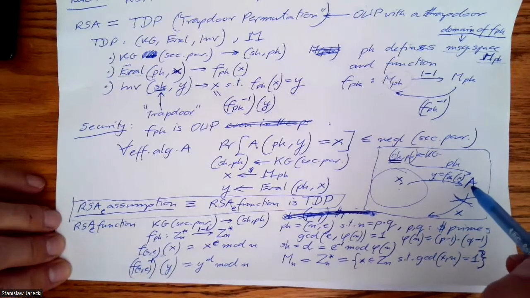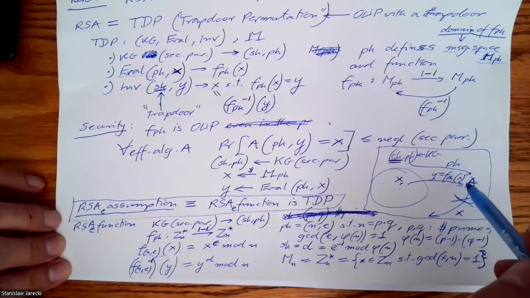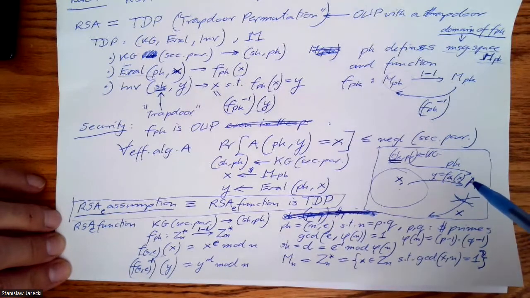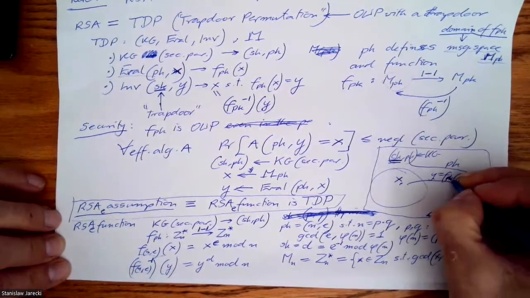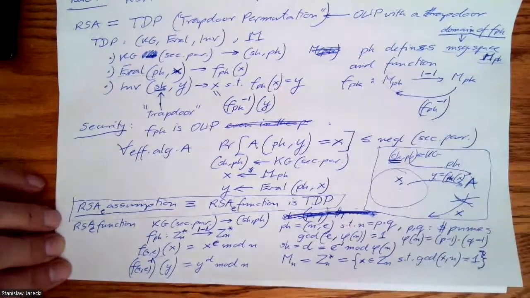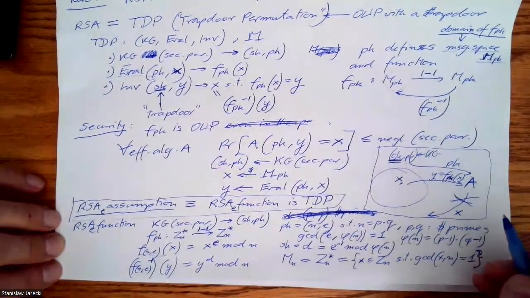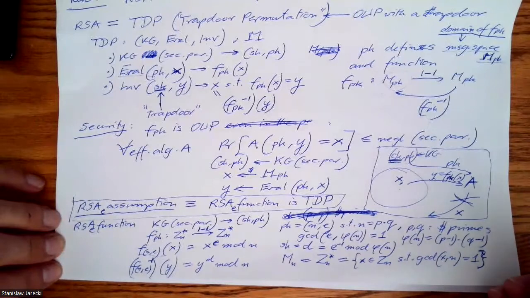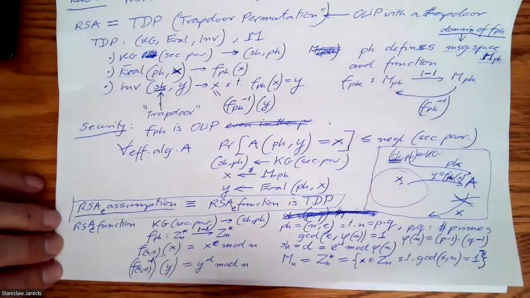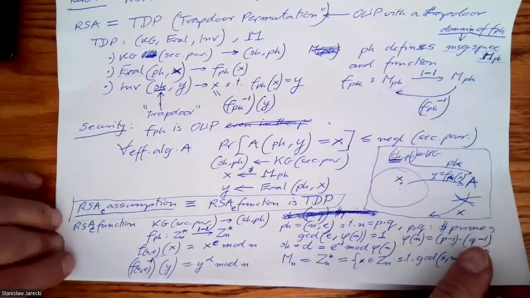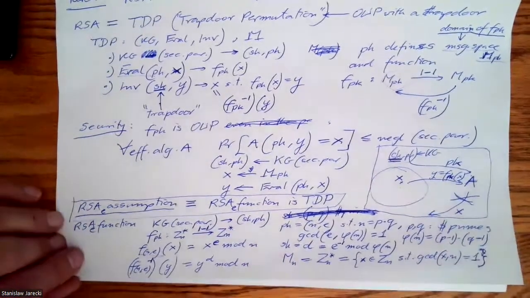His goal is to compute the e-th root mod n. The RSA assumption is that this is hard. We discussed it last time, including the evidence that computing e-th roots should be hard. But this assumption still stands, and it's the basis of RSA cryptosystems.